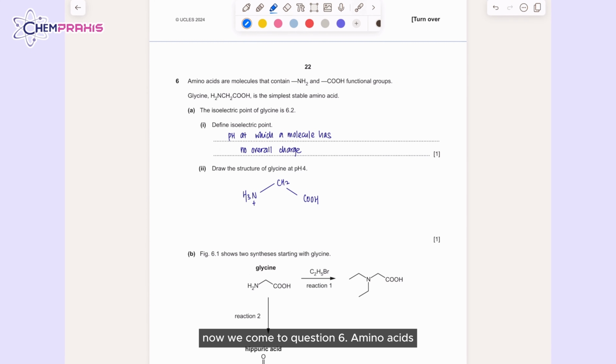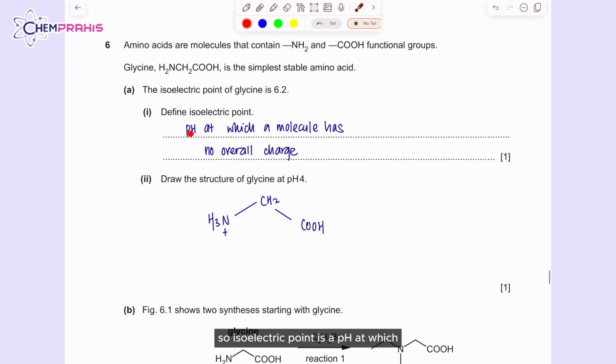Now we come to question 6. Amino acids are molecules that contain NH2 and COOH functional groups. Glycine is the simplest stable amino acid. The isoelectric point of glycine is 6.2. Define isoelectric point. The isoelectric point is the pH at which a molecule has no overall charge. And draw the structure of glycine at pH 4.